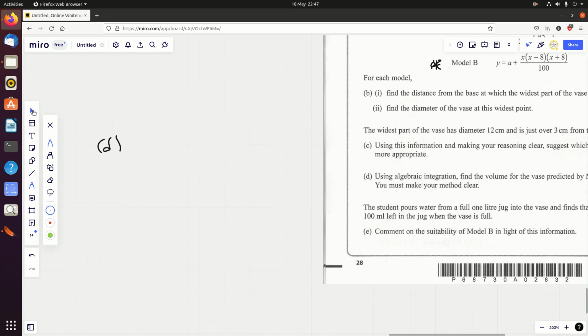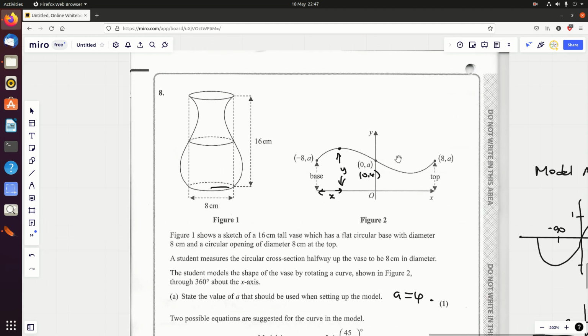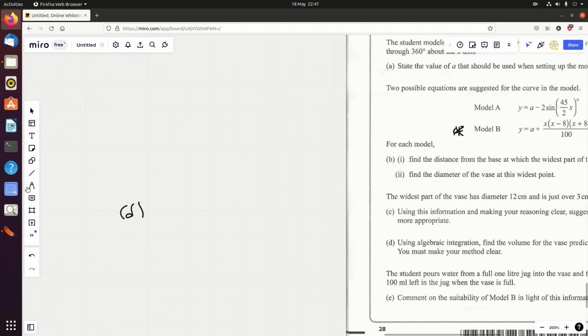Now, we're revolving this around the x-axis, and the formula for a volume of revolution is integrate pi y squared dx, between the limits of -8 and 8. Now, y squared, look at this, got to square all that. Well, that's going to be really ugly.